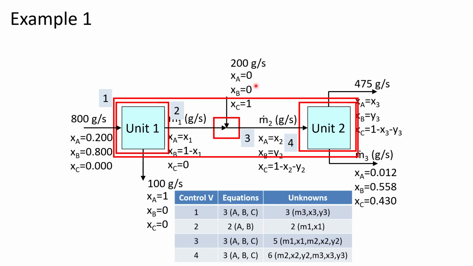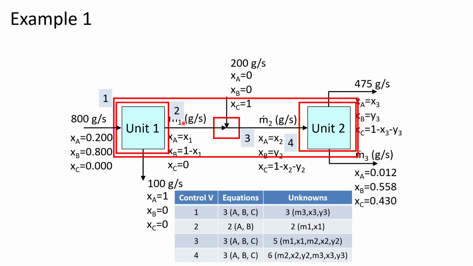For the overall control volume, remember there are 3 equations because there's a third component present within that overall control volume. But there are only 2 components present in the control volume around Unit 1. Let's count the number of unknowns for Unit 1. The feed to Unit 1 has no unknowns associated with it. This product from Unit 1 has 2 unknowns, X1 and M1.